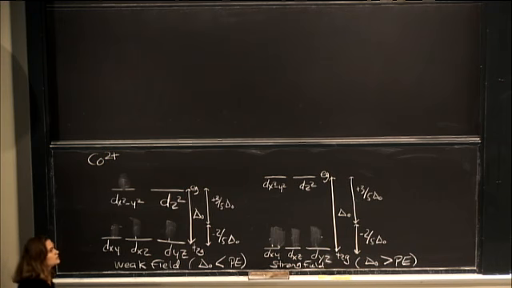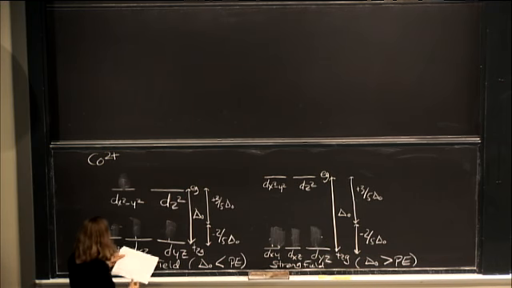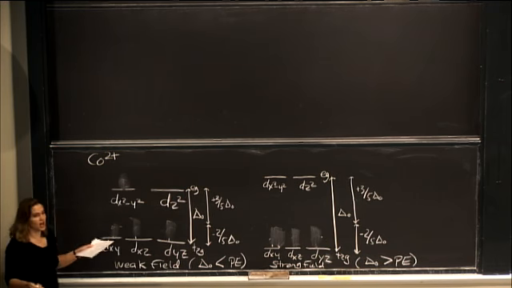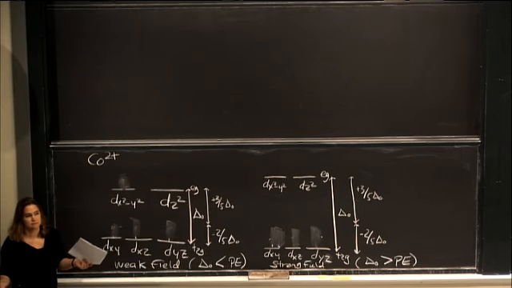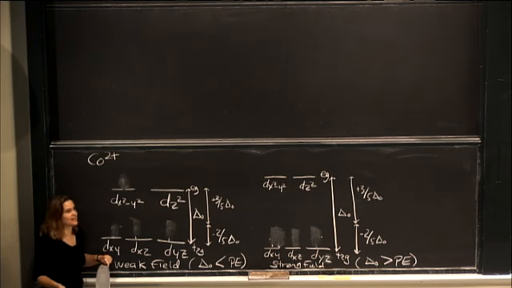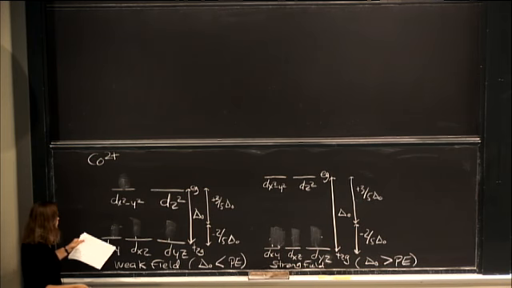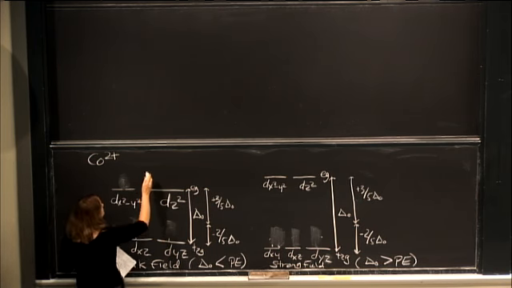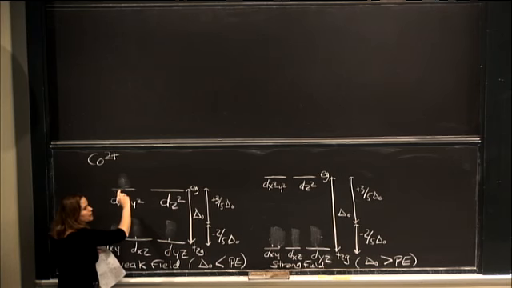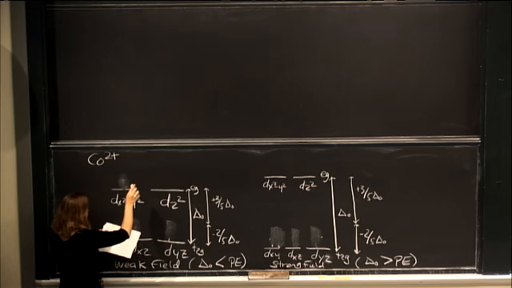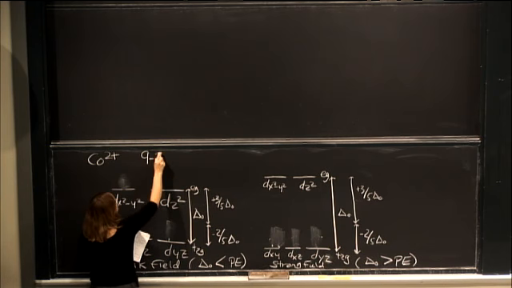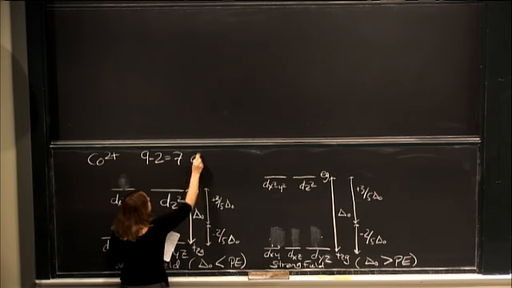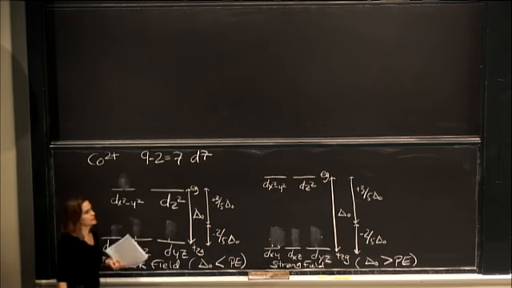Let's consider how many electrons we're going to put in. The oxidation number is plus 2. And what is the D count then? What group number? 9 minus 2 is 7. So we're doing a D7 system.